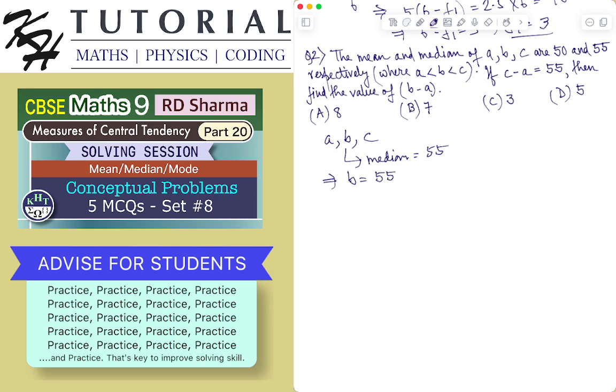Okay. Now the mean is also given to be 50. Mean will be equal to the sum of the observations divided by the total number of observations. A, B, C are 3 observations divided by 3, which is given to be 50. So this implies A plus B plus C is equal to 150.